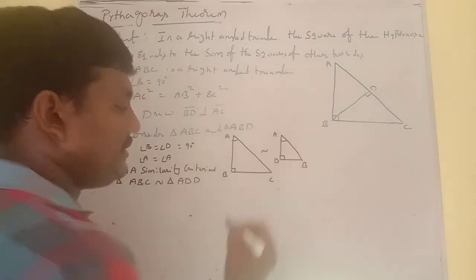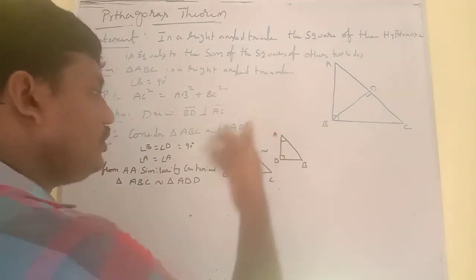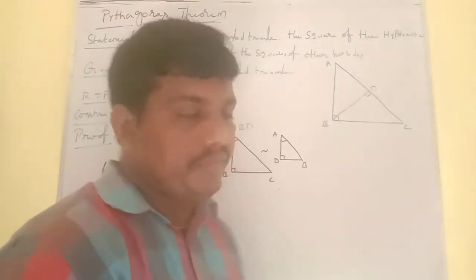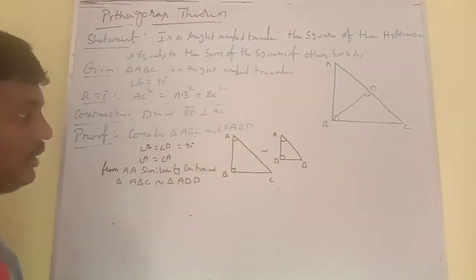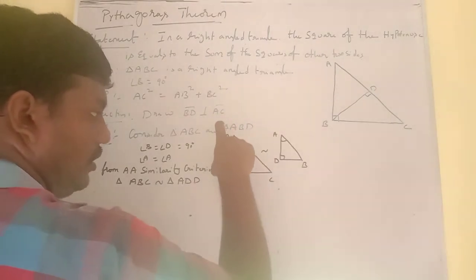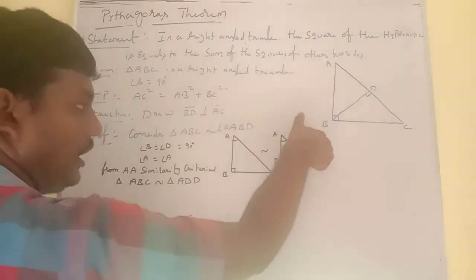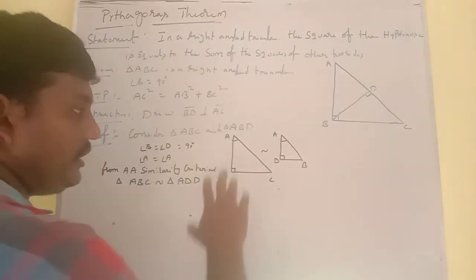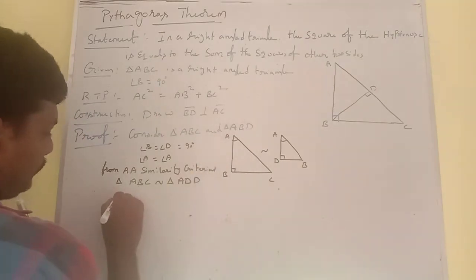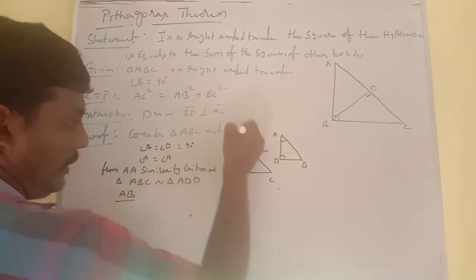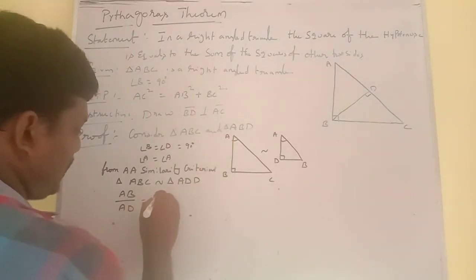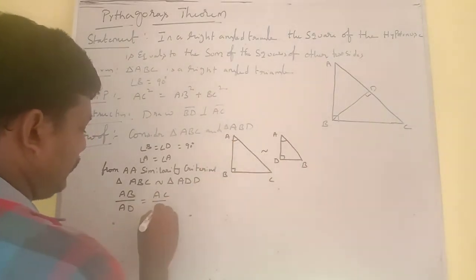When these two triangles are similar, the corresponding sides are proportional, in the same ratio. So AB by AD equals AC by AB.